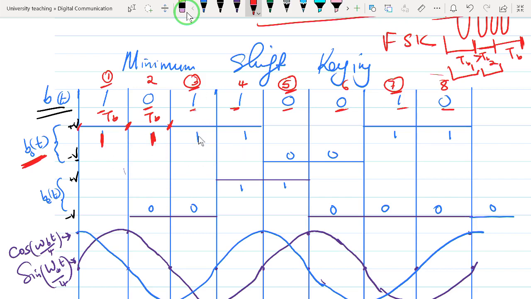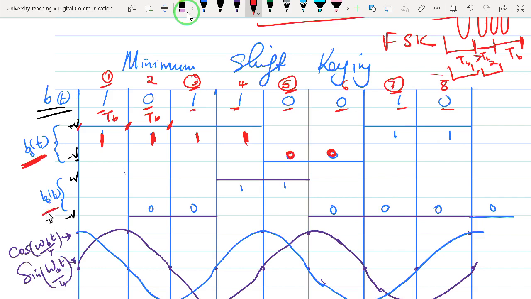Another one is going to run for 2 bit durations, so it is going to be considered as 2 ones. The fifth bit, which is the odd one, is bit 0. Therefore, this 0 will run for 2 bit durations. And finally, the 7th one is a 1 that runs for 2 bit durations.